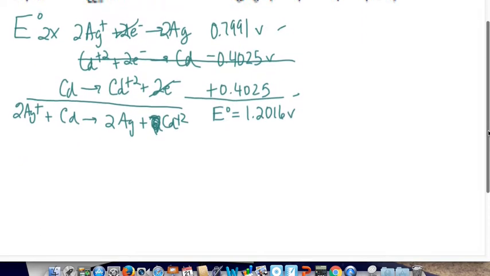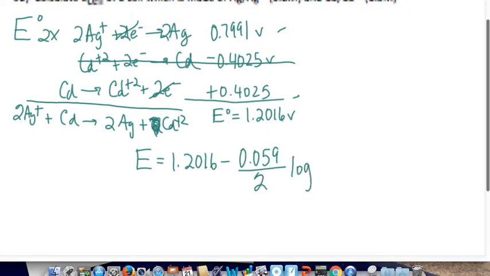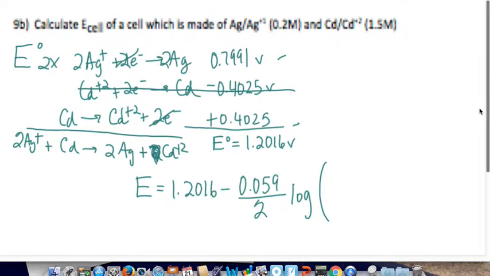So with this one, we're going to set up E is equal to 1.2016 minus 0.059. What's my n? Noah? 2 times the log of, all right, what's the product that has concentration?